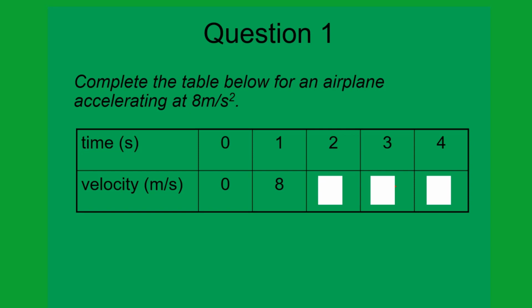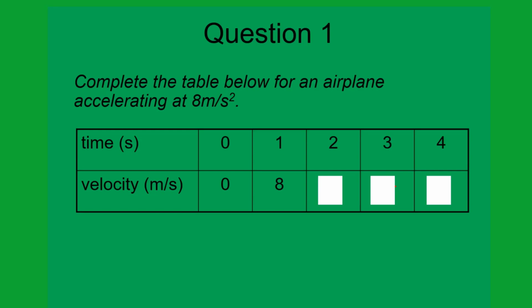Complete the table below for an airplane accelerating at 8 meters per second square. Here the initial velocity is 0 at time t equals 0. So we have to find the final velocity after 2 seconds.